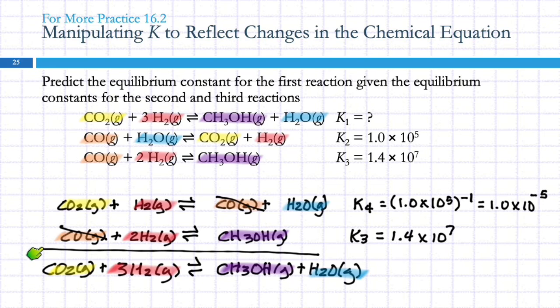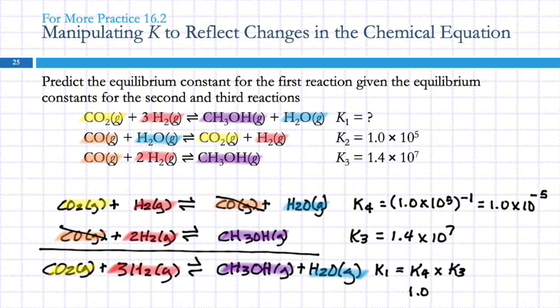Okay, so we added these together. What do we do with the equilibrium constants? We're not going to add them. We're going to multiply them. So they're calling this K1, and this is that equation. K1 is going to equal K4 times K3.